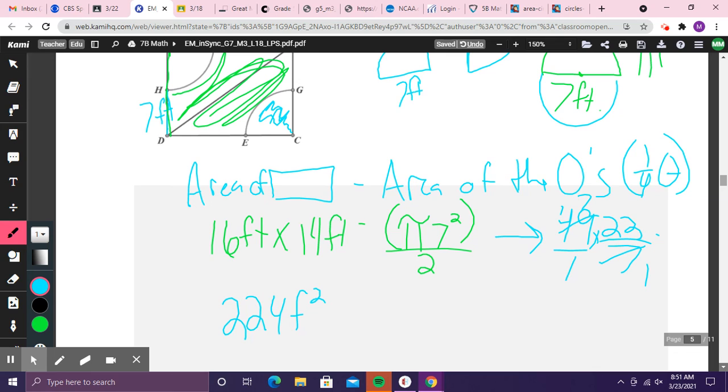So 7 times 22 gives me 154 for the half circle, and I need to divide it by 2, which gives me 77.